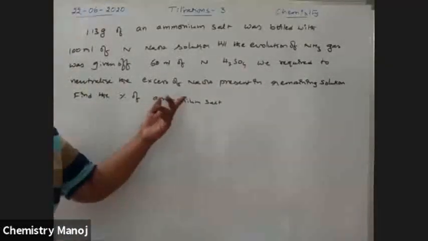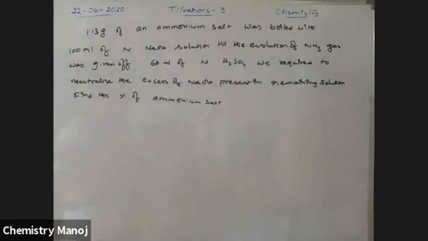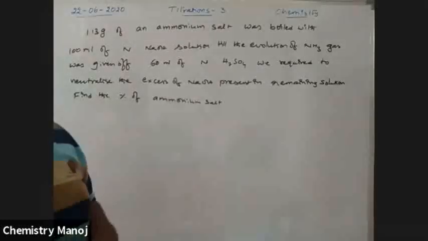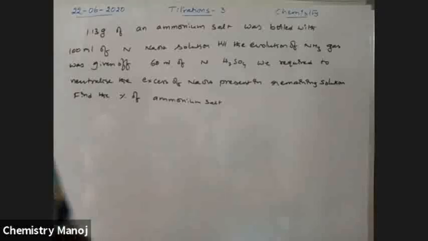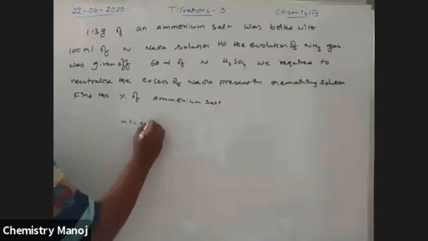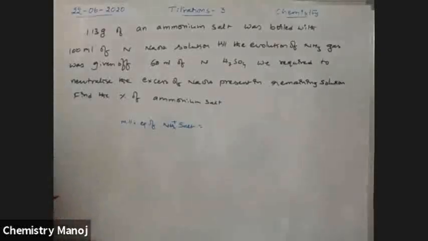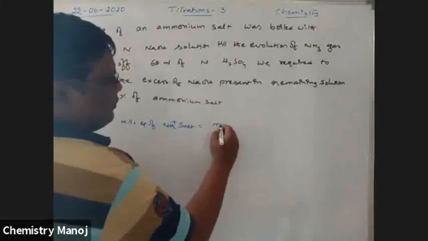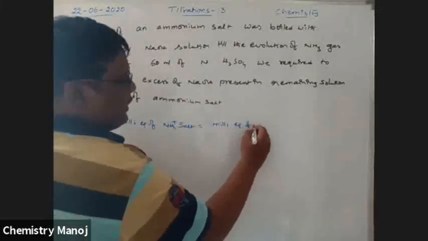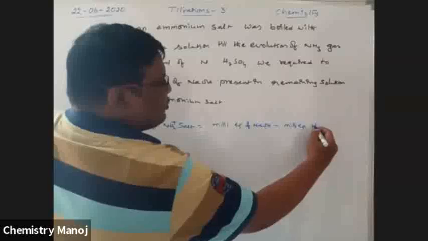First of all, calculate the weight of ammonium salt. Weight by given weight into 100 is the percentage. Here, which one is in excess? NaOH is in excess. So milliequivalents of ammonium salt is equal to milliequivalents of NaOH minus milliequivalents of H2SO4.